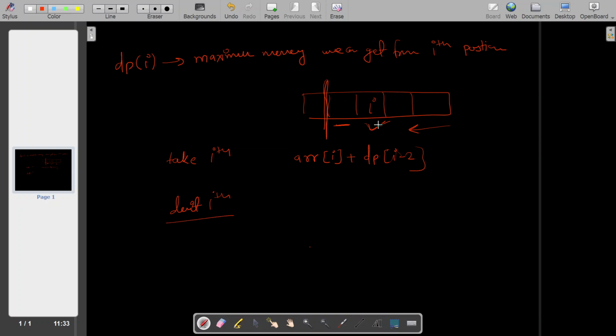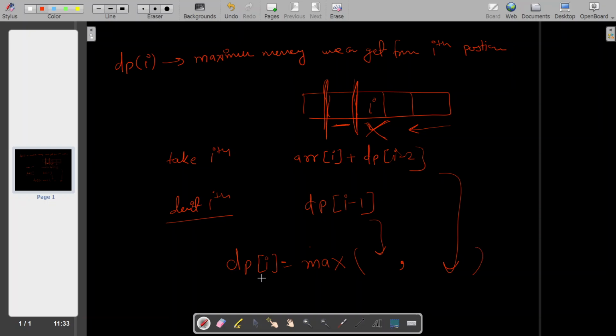If we are not taking this I, then we have the option to take I minus 1, so the answer will be dp of I minus 1. So dp of I, the maximum amount of money, is the maximum of these two.